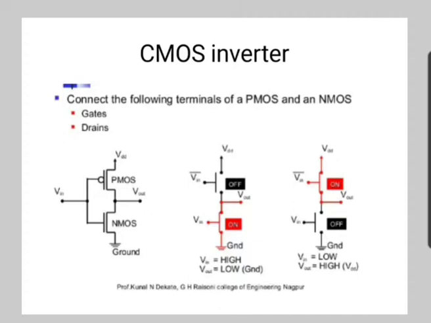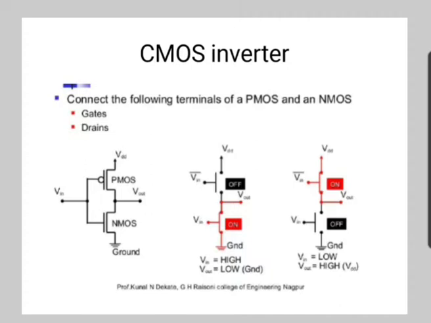So here are the terminals of the PMOS and NMOS, gate and drain. Here the diagram is shown. When Vin is high, the PMOS transistor is off, and for the NMOS transistor, when Vin is high it is on.